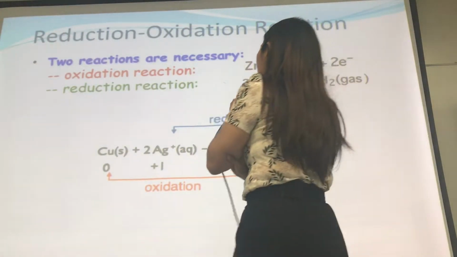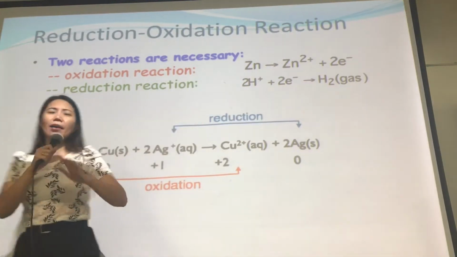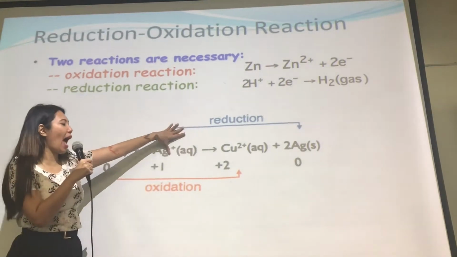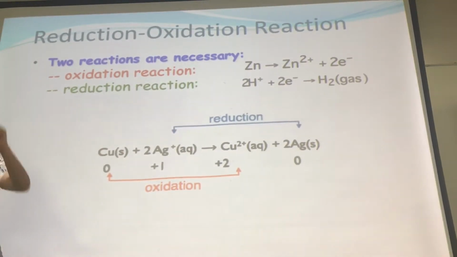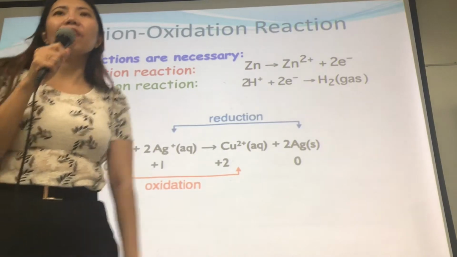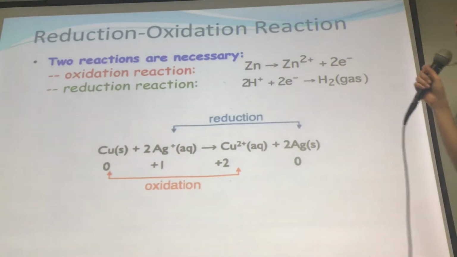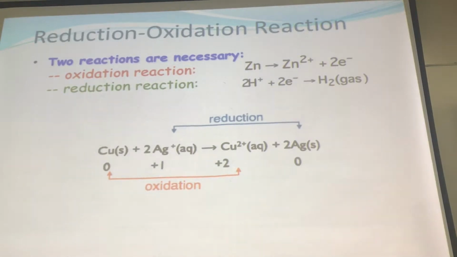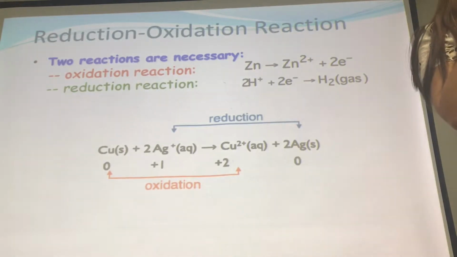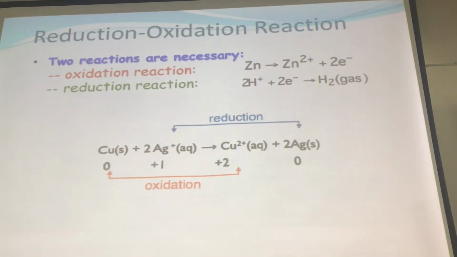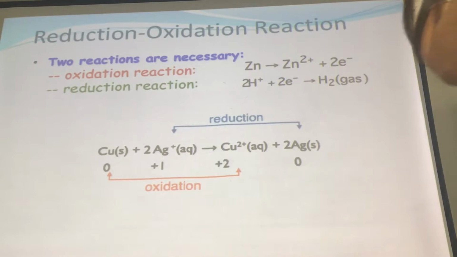So in this case, for example, both reduction and oxidation occur. Let me ask you, which reaction gives electrons? Which one accepts electrons? I give you 1 minute. Go to your cell phone and search for it.